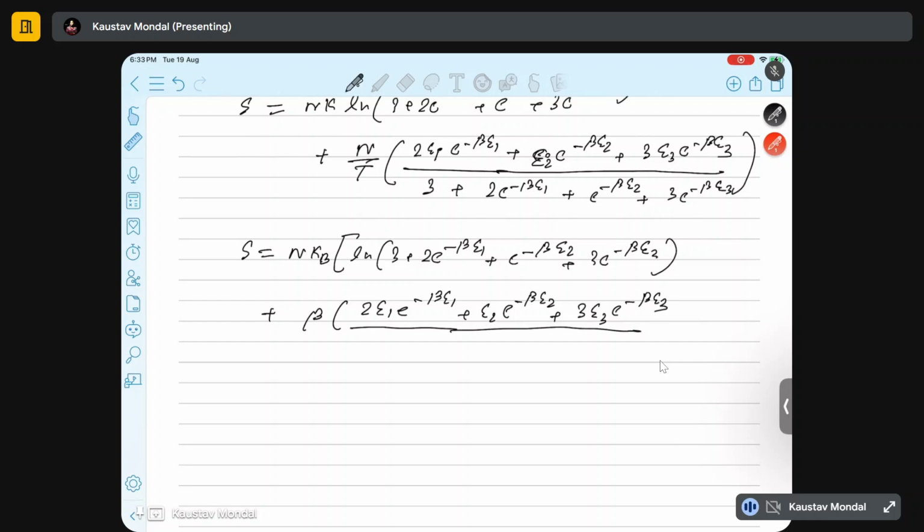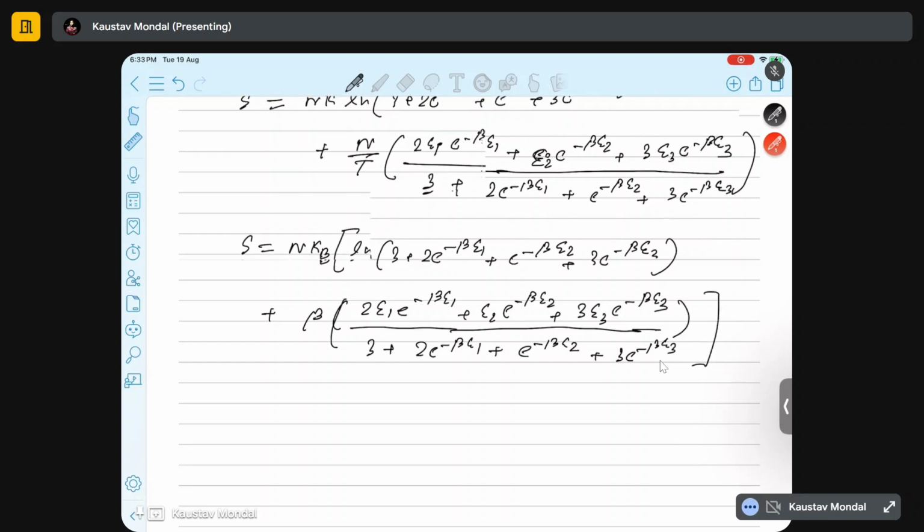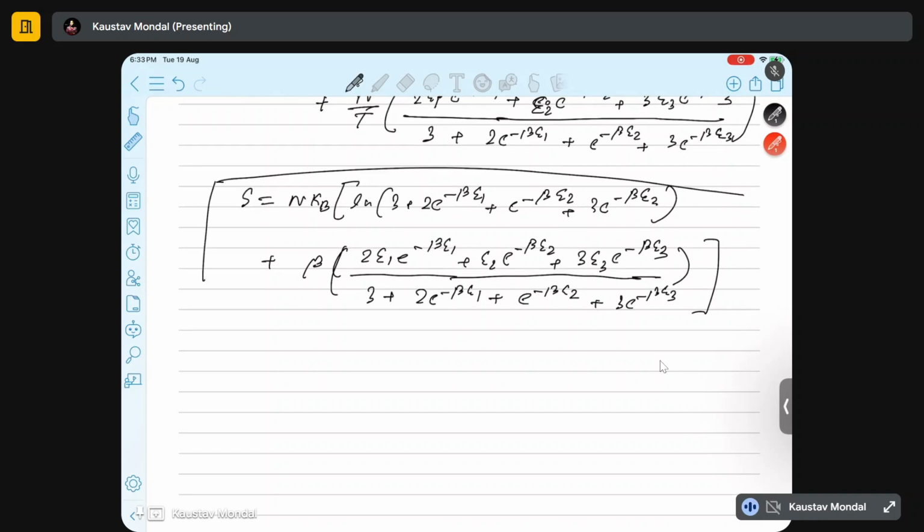This whole thing is divided by 3 plus 2 e to the power minus beta epsilon 1 plus e to the power minus beta epsilon 2 plus 3 e to the power minus beta epsilon 3. Okay, so this is basically the expression of the entropy of the system.